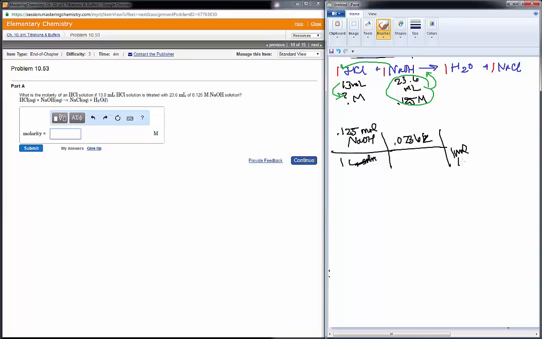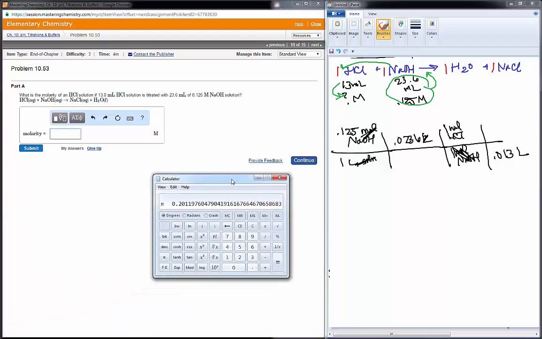1 mole sodium hydroxide reacts with 1 mole of HCl. It's not always going to be 1 to 1, so you do always need to balance it and make sure that you know what that's going to be. Moles of sodium hydroxide cancel. Now I've got moles of HCl. I know the volume, 0.013 liters. And now I have moles per liter of my HCl solution.